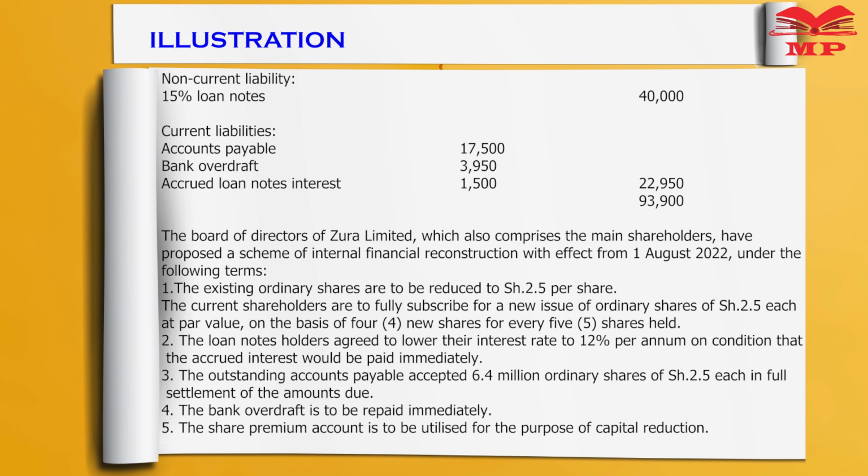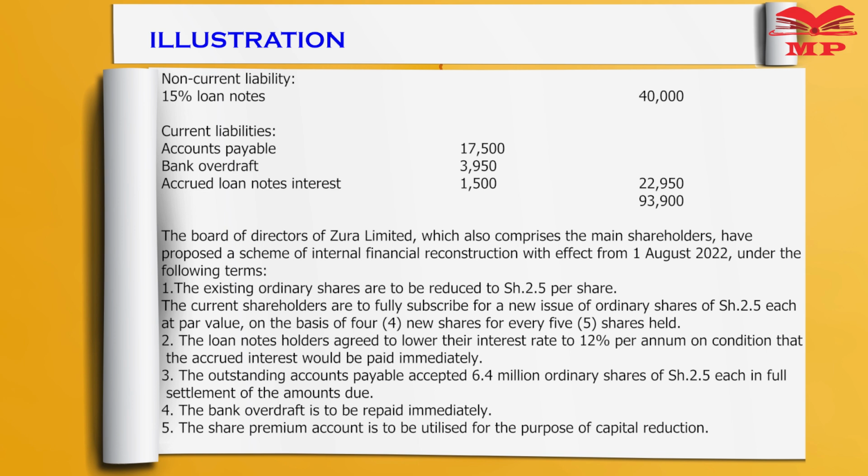We then have some additional information. The board of directors of Zura Limited, which also comprises the main shareholders, have proposed a scheme of internal financial reconstruction with effect from 1st August 2022 on the following terms.